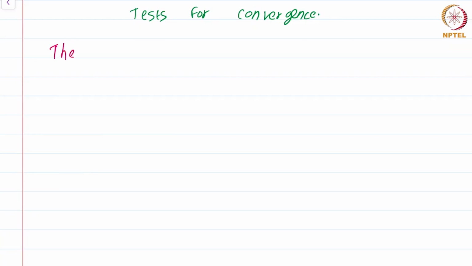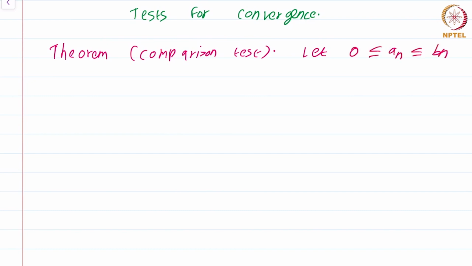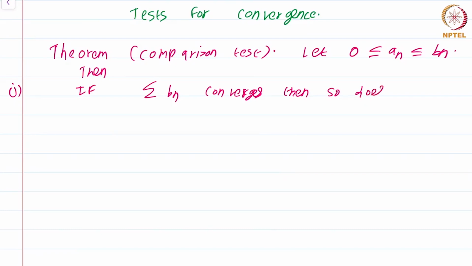So the heart of all these is the comparison test. Theorem, comparison test. Let 0 less than or equal to an less than or equal to bn. Then first part, if summation bn converges, then so does summation an.